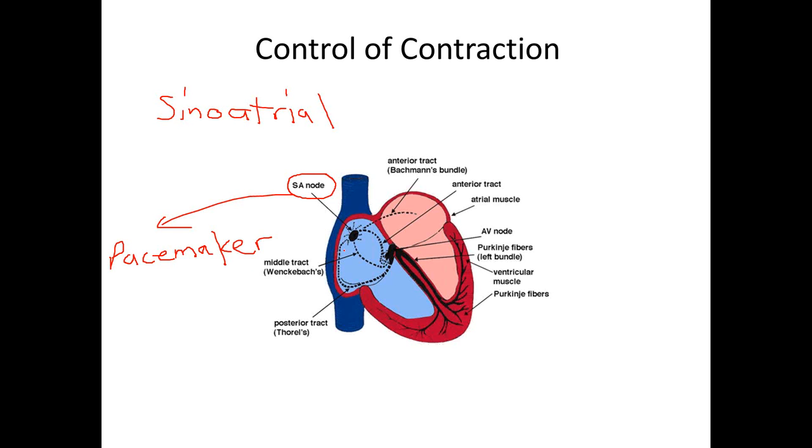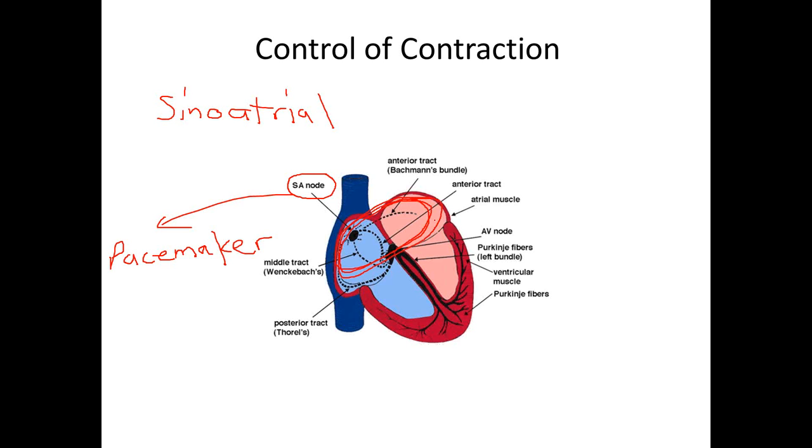It does this by sending electrical signals across the heart in bundles of specialized muscle cells which conduct the electricity, and they cover the top of the heart. So you can see the first part of that is the electrical conduction across the top of the heart, which causes the atrial contraction.